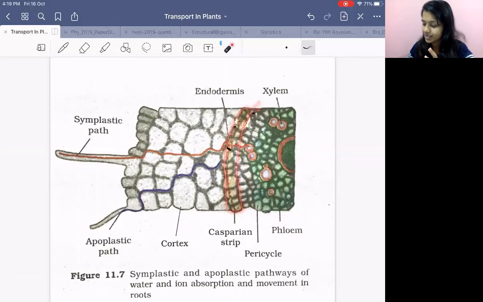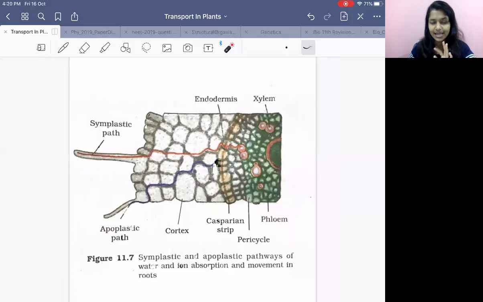In the endodermis, there is the Casparian strip. Because of the Casparian strip, it can't go by apoplast. Apoplast is stopped here only. Now they can only go for what? Symplast. The orange color is showing you symplast. Clear? Yes, after the cortex, from the endodermis, they go for symplast.